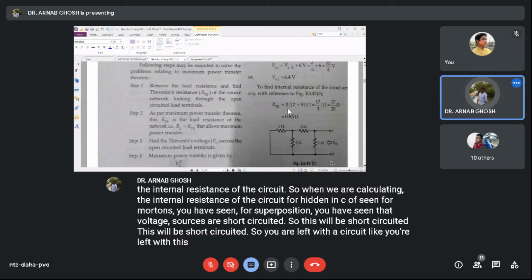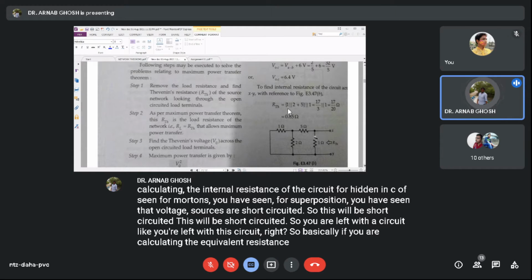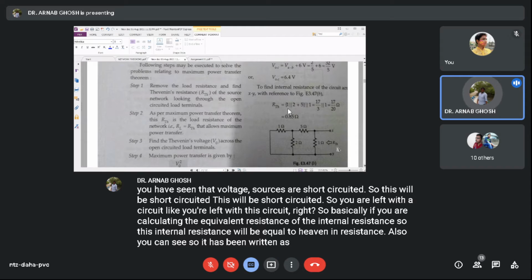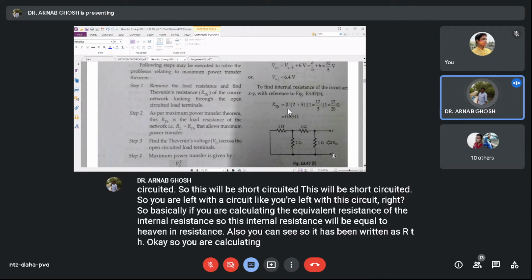So basically, if you are calculating the equivalent resistance, the internal resistance, you can see it has been written as RTH. So you are calculating this resistance with respect to the terminals. You are having 3 branches.